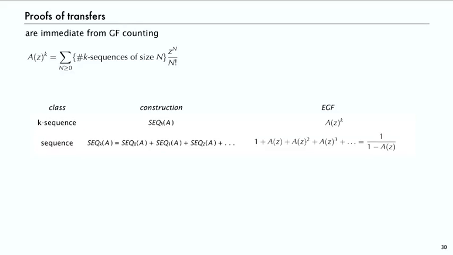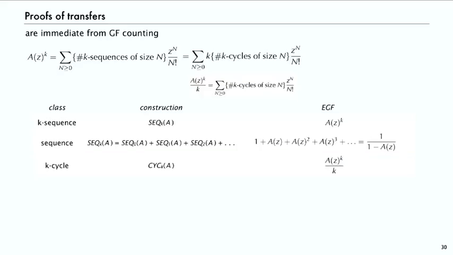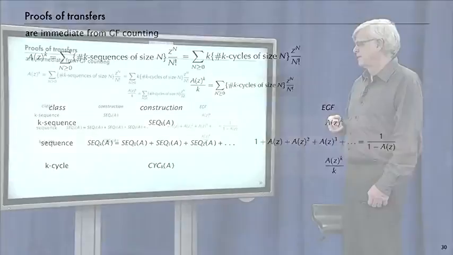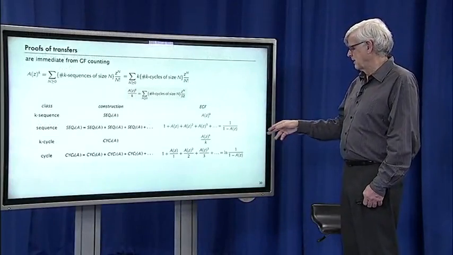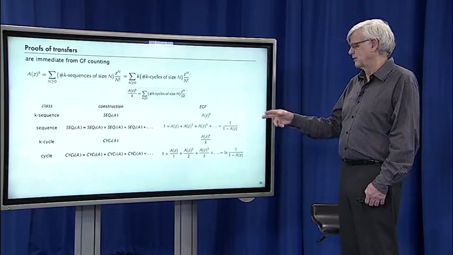But if you have all the k sequences of size n, then each k cycle of size n appears k times there, in each cyclic orientation. So that means that a of z to the k over k is the EGF for cycles of k objects. And then summing all those up gives the result for cycles of any length.